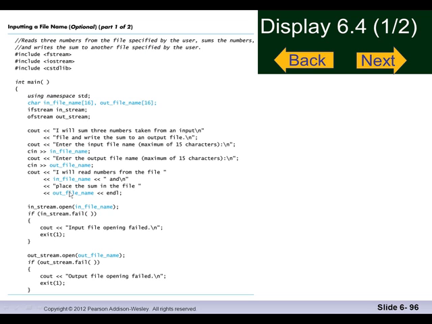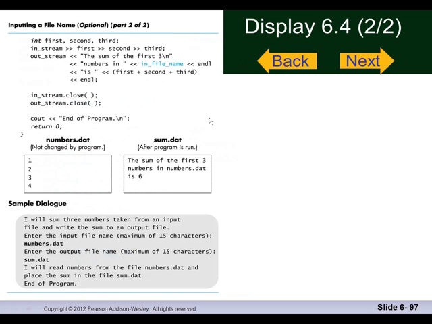Then I'm going to use those to open the files, the input file and the output file. We're going to read from that one, and we're going to write to this one. So this is the numbers.dat. This is the sum that's coming out of that, and this is what we're going to see on the screen.